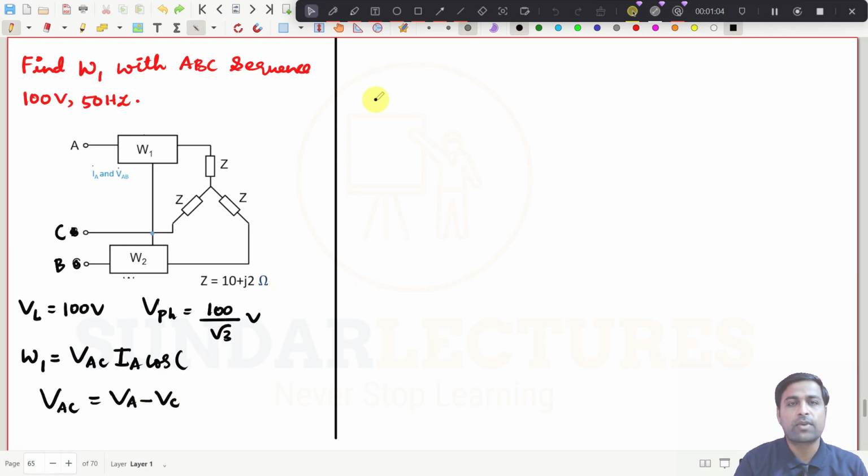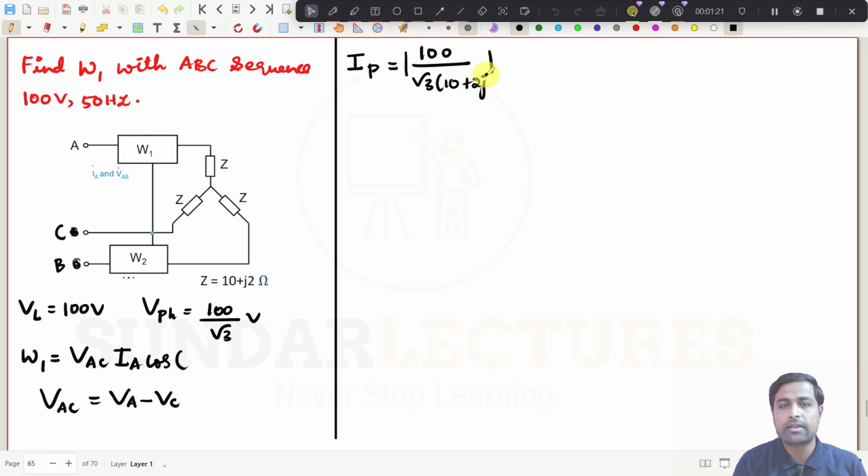Now we have done this one, and simply you find the value of I phase, and that is also very easy, right? What is I phase? This is 100 divided by root 3. Same question, you go for the modulus value, and Z will be 10 plus 2j. If you take this, it will be 10.19. Anyhow, this I phase will be the same here, 5.66 amperes.